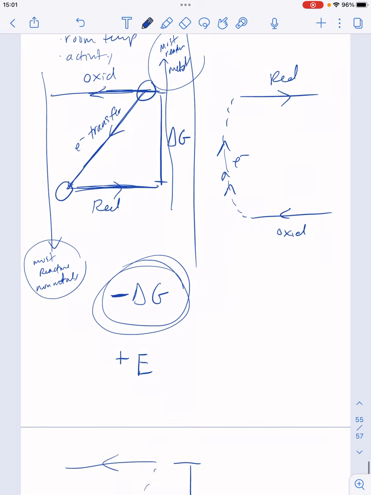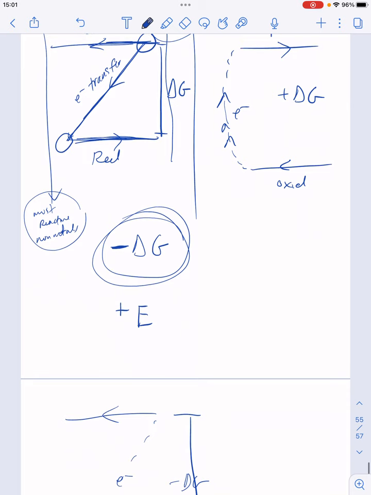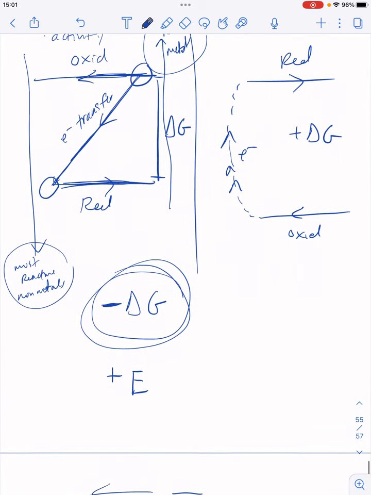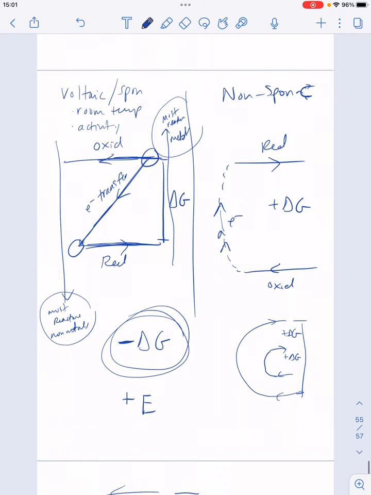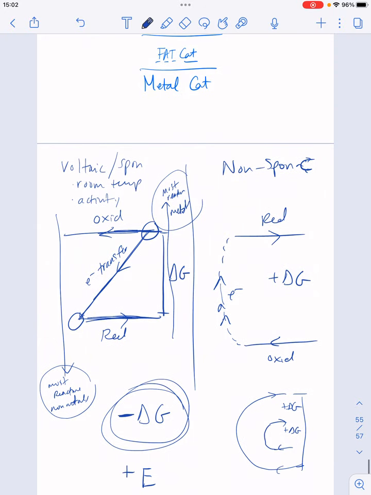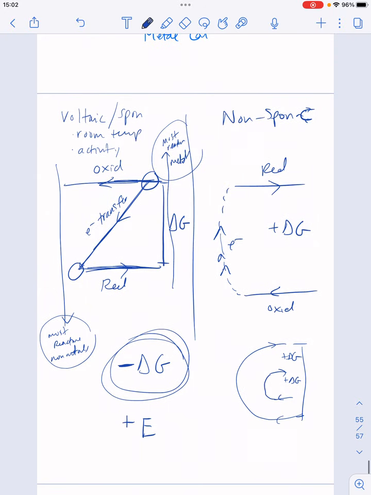And now in this one, this is a positive delta G, and so you should think about it as the bigger that is, the less likely it is to happen because it's less spontaneous. So with the C ones, skinnier C's are more likely than wider C's, because skinnier C's have smaller delta G positive, and wider C's have larger delta G positives. So when we think about section 24, think about the Z versus the C.